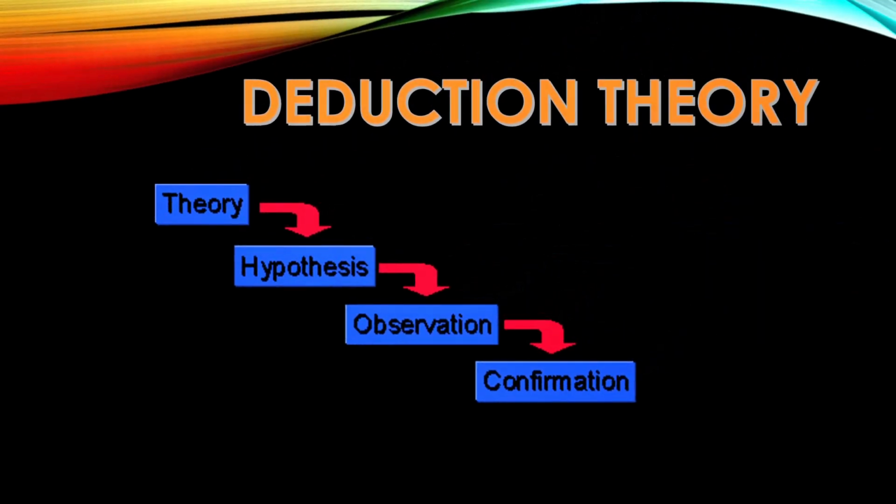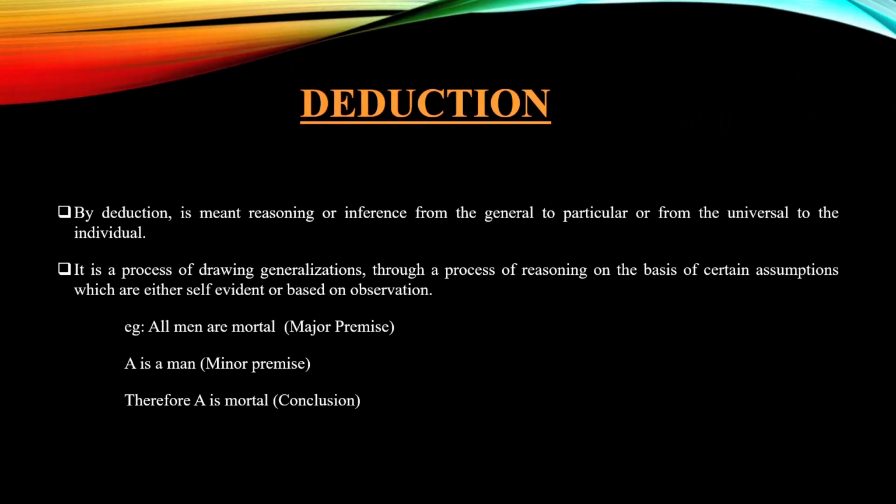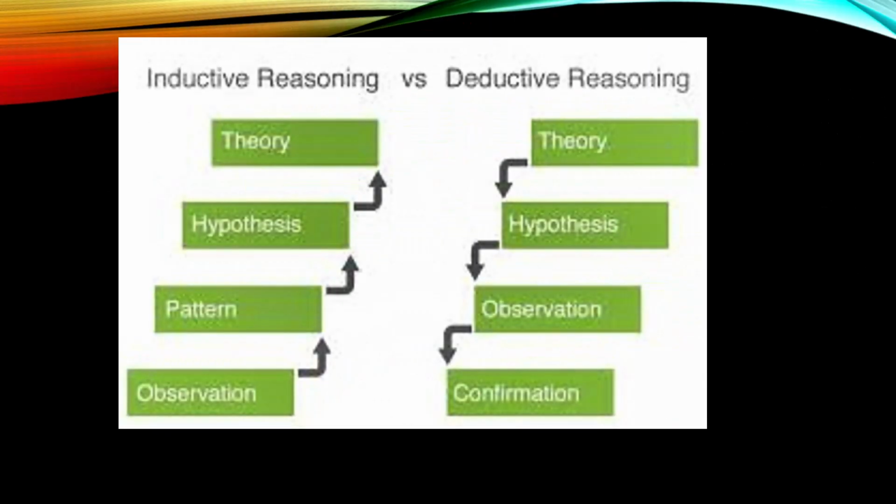The deduction theory starts from theory and ends in confirmation or conclusion. You can see that the arrows are coming down. That is, it is a top to bottom approach. But saying about the induction theory, we can compare these two figures. You can see that it is moving from observation, pattern, hypothesis and theories developed. That is, it is a bottom to top approach.